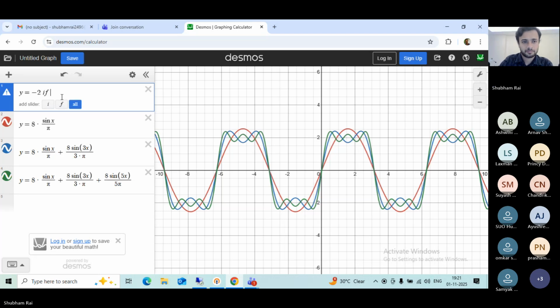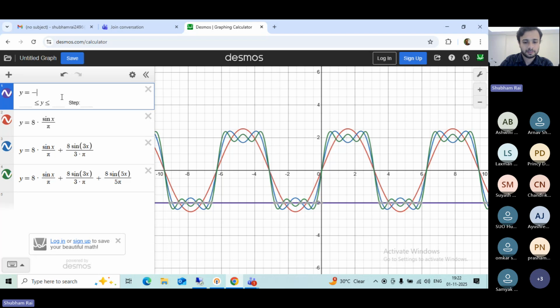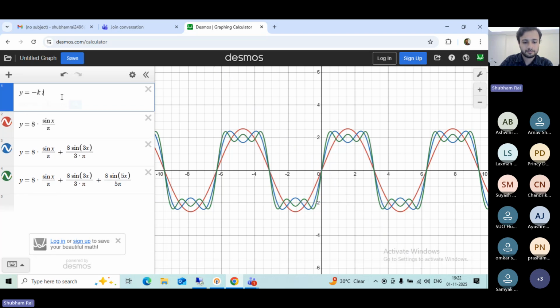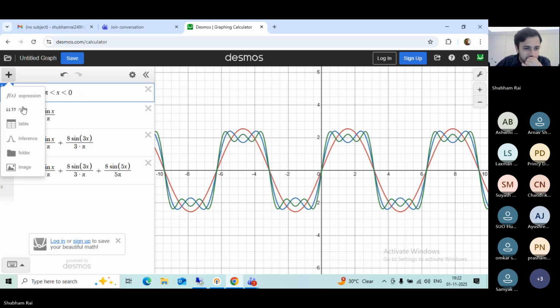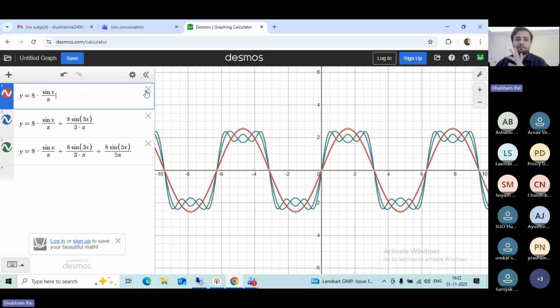Okay, y is equal to k if x is 0 to pi, and x is minus pi to 0. Is it happening? I think step functions, maybe I don't know how to plot step functions.